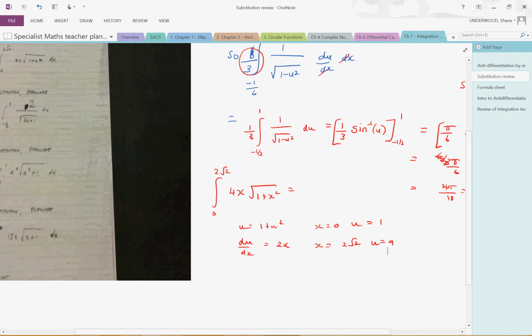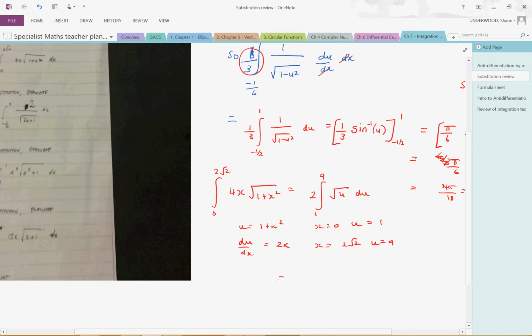So skipping a step, we now have the terminals 1 to 9, and since du dx is 2x, we have to put a 2 out the front, and now we've got the square root of u du. Do we have that? All right, so good.